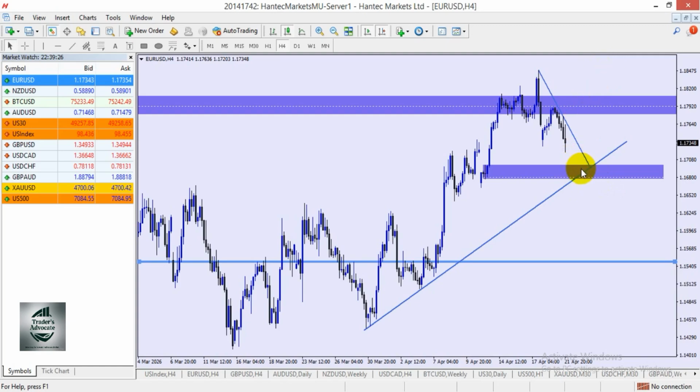Why am I anticipating price to pull back into this demand level before actually breaking to the upside? One, the time frame is bearish, and as you can see, I've drawn my counter trend line. This trend line is kind of in confluence with this demand level. So we have confluence, and we have demand level coming in confluence with the trend line.